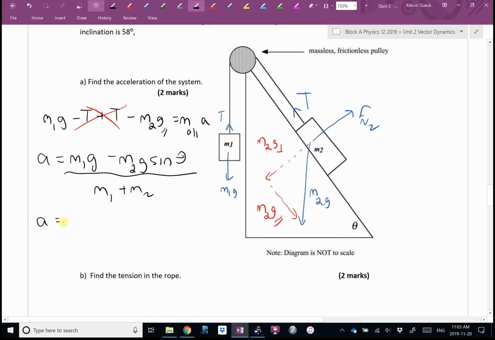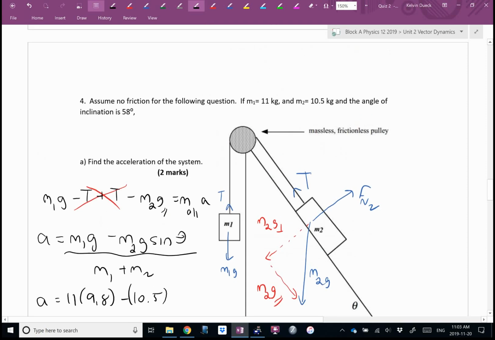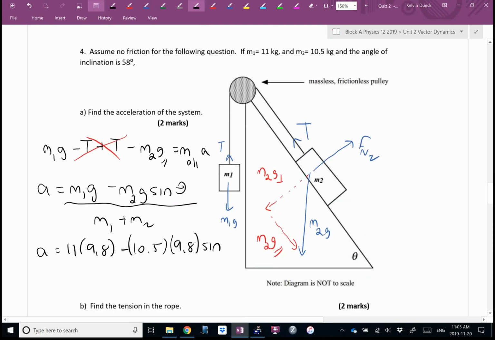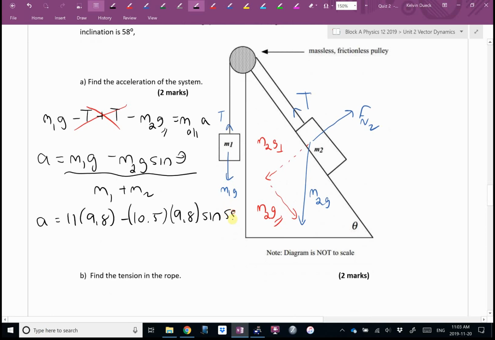It's going to be 11 times 9.8 minus 10.5 times 9.8 sine 58 all over 11 plus 10.5.